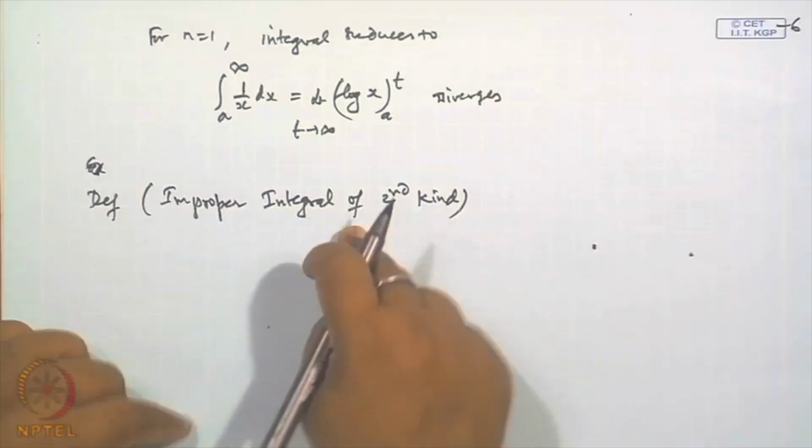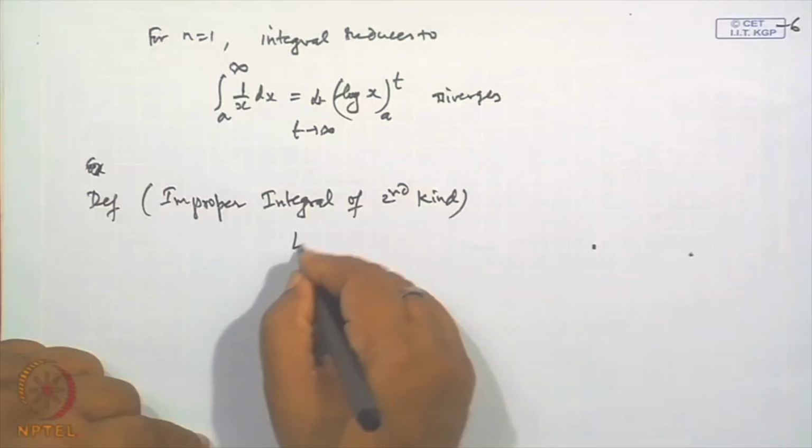In fact, if it is bounded and the range is finite, then the Riemann integral of this function will exist, provided the lower and upper sums exist and are identical. But if the function is not bounded and has a point of discontinuity, a sudden jump, going to plus infinity or minus infinity, then we cannot say the integral from a to b of f(x) dx is a Riemann integral, because the condition is that the function must be bounded. So in such a case we get the concept of the improper integral of the second kind.